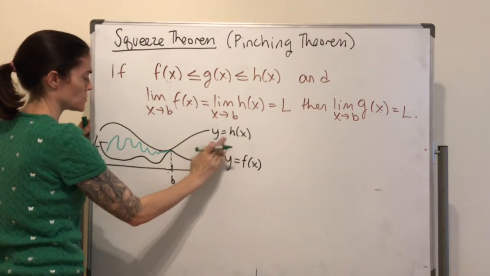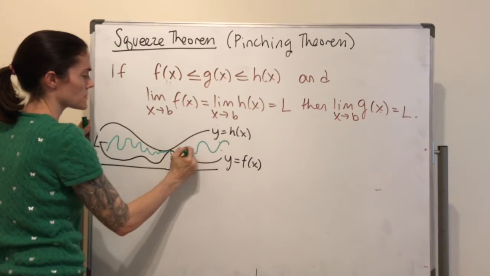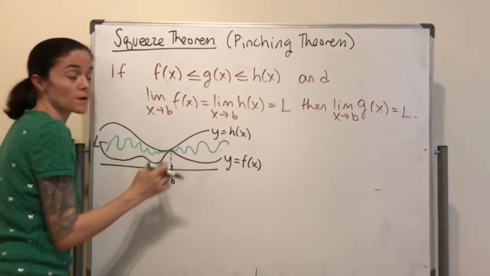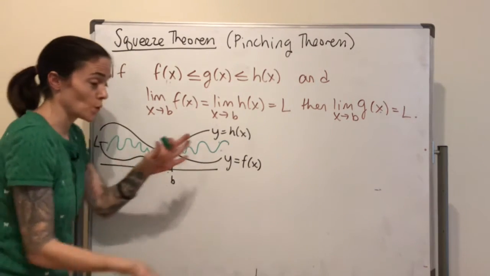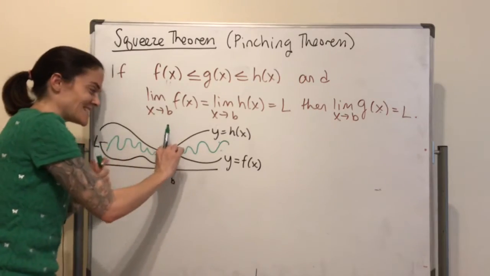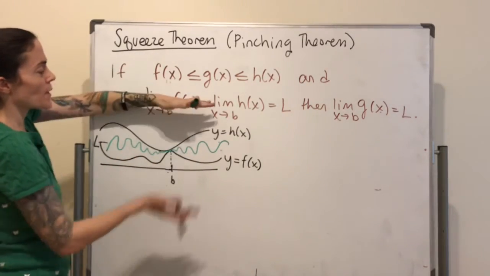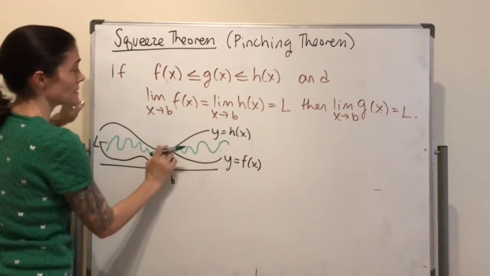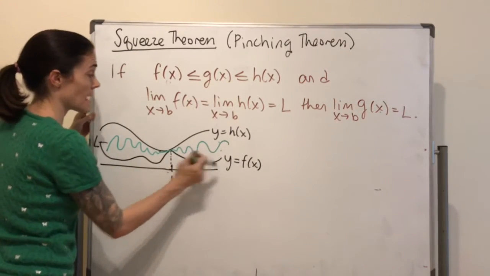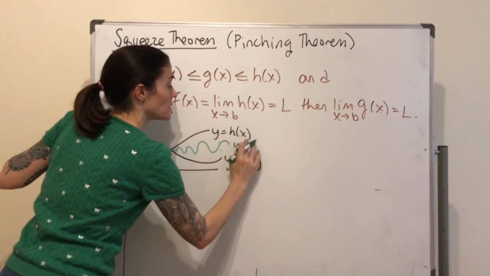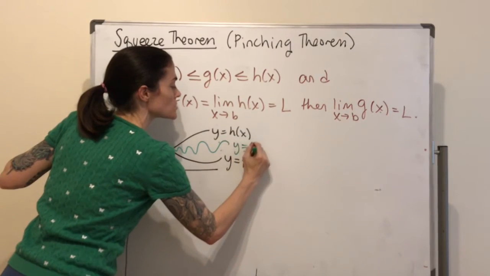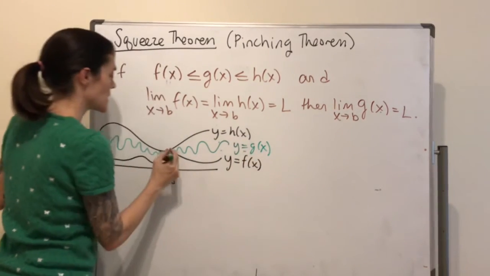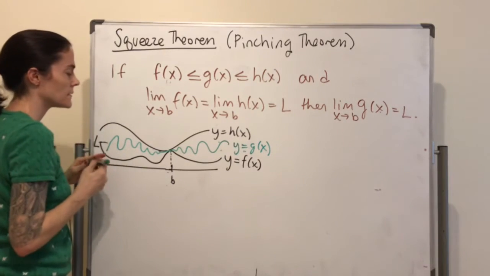And then it continues over here, something sits in between. Well, it's forced, and this is the squeeze or the pinched, or I don't know, bread, and then the filling of the sandwich. It's forced that the limit as x approaches b of g of x must also be this same limit L, okay?